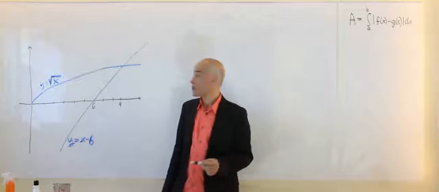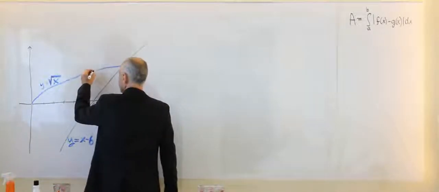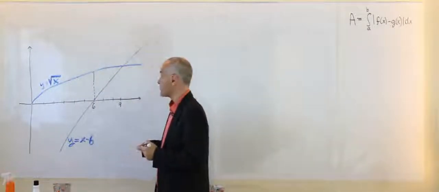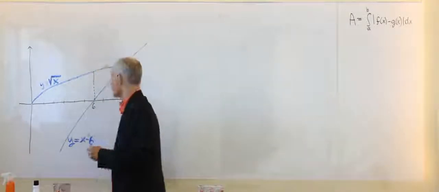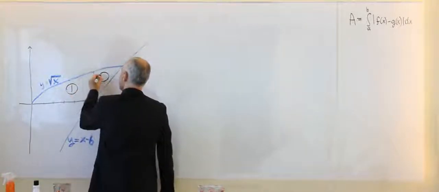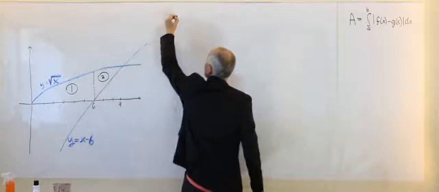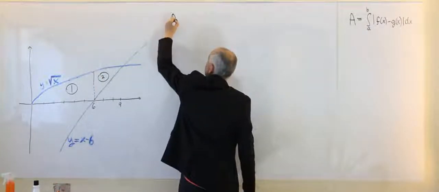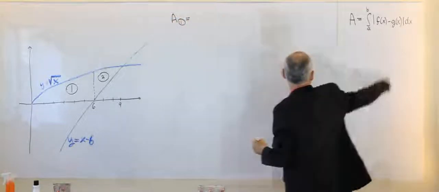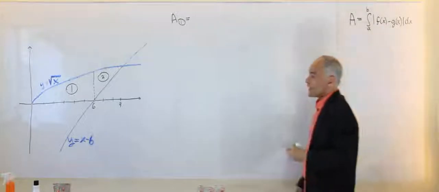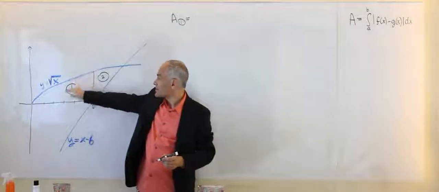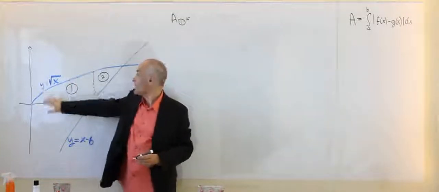Okay, so let's set up the integral this way. Actually, the two integrals that correspond to these two regions. How about I'll call that region 1 and this region 2. So then the area of region 1 is equal to, well, we apply our formula, and we already see that the function square root of x is above the horizontal line.